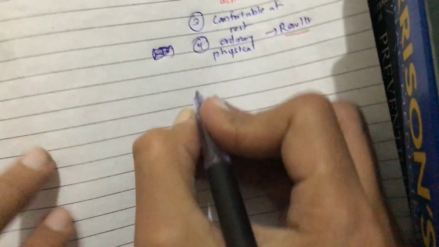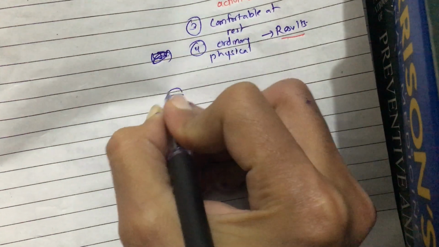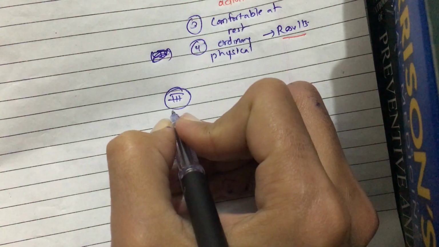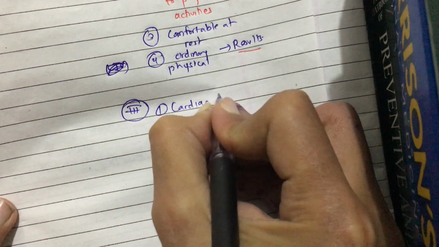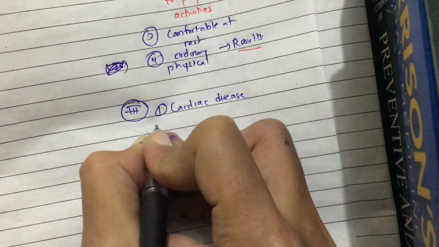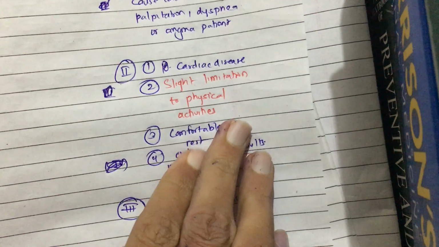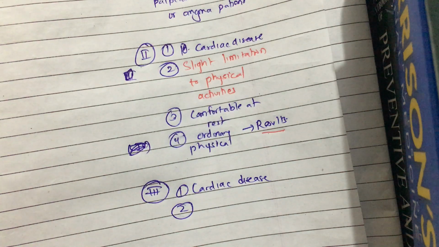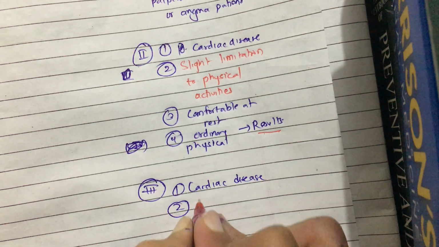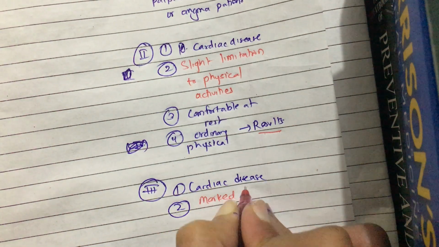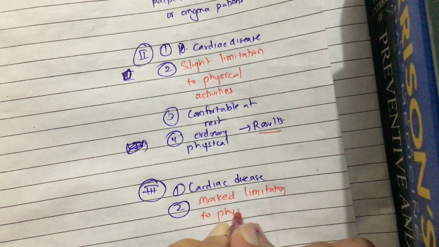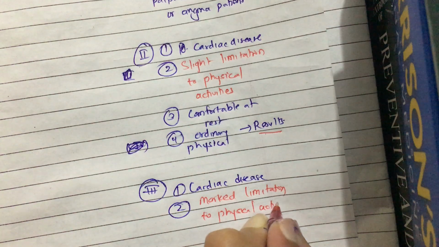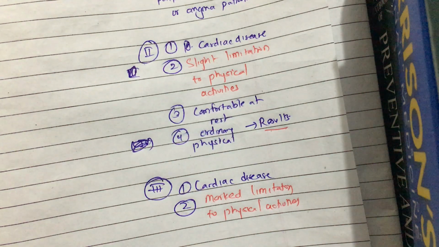Okay. NYHA classification 3 means this patient also has cardiac disease, but second point, there is marked limitation to physical activity. This point is different than in NYHA classification 2.